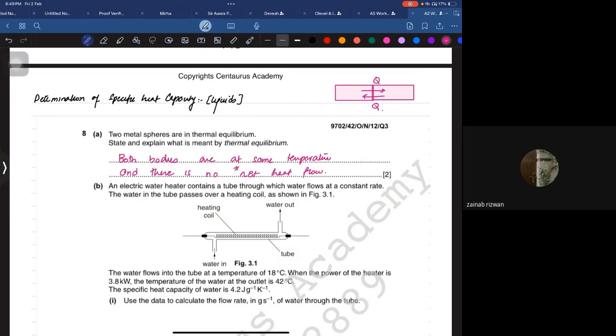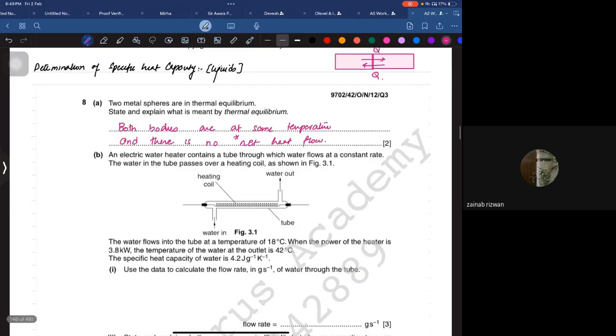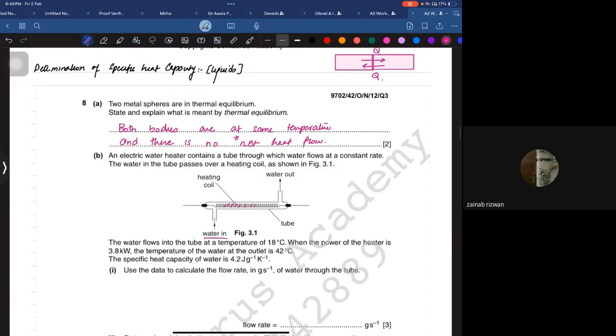Okay. So now if you see, water comes in, it gets heated by the coil, and then water goes out, as you can see. Obviously, if you measure the temperature of water that is coming in and the temperature of water that is going out, this would give us that change in temperature.